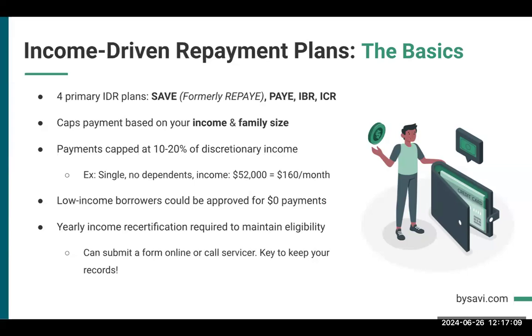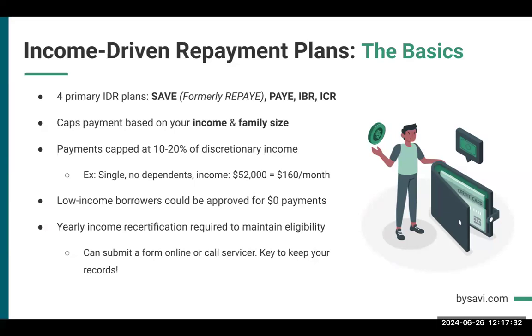These are great options for borrowers who have very high loan balances or low income. Some low-income borrowers can even be approved for a $0 monthly payment. So if you have little or no income, you can get this $0 payment where you are not required to make payments on your student loans, but they stay in good standing as if you were making payments.